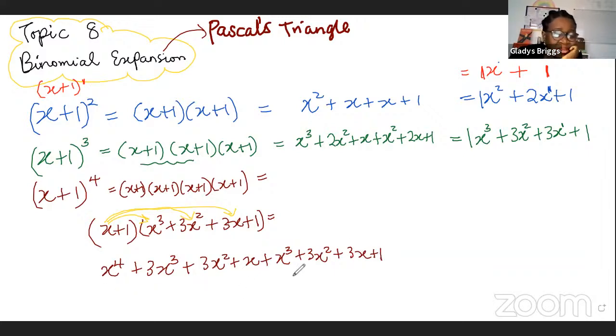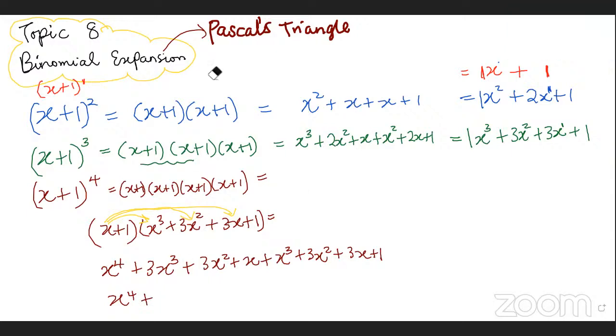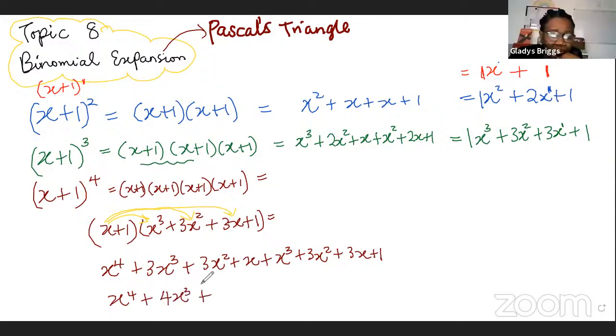If we collect like terms, we have x to the power of 4, and we collect the x cubed terms, we have plus 4x to the power of 3, plus 6x to the power of 2, plus 4x plus 1.